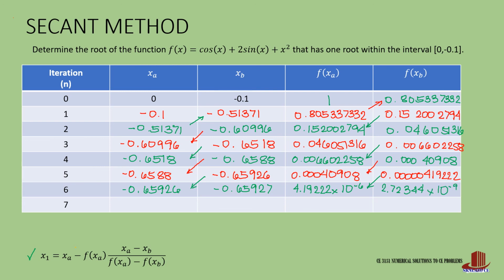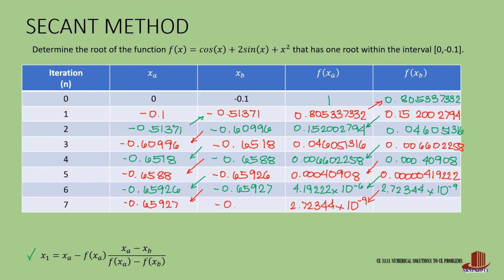Although we do have a very minute value for the decimal, let's check if we can find the same value of x sub b. So let's take our next iteration. Slide the values, also for the function, and solve for our new x sub b.